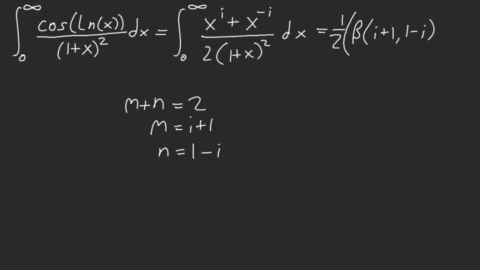Okay, and this other portion, plus the other beta, you do the same thing, but this time m is equal to 1 minus i, then n, if 1 minus i is here, then we would have 1 plus i. Huh, interesting. So we technically have the same thing in a way.